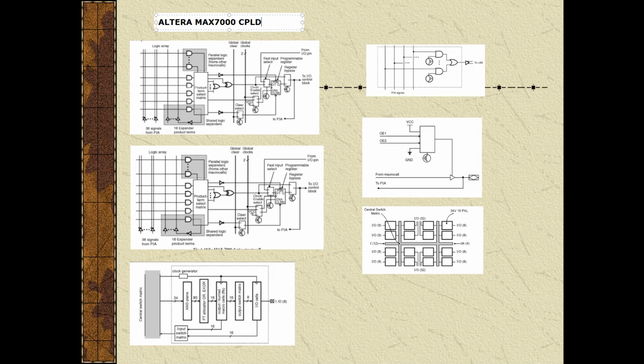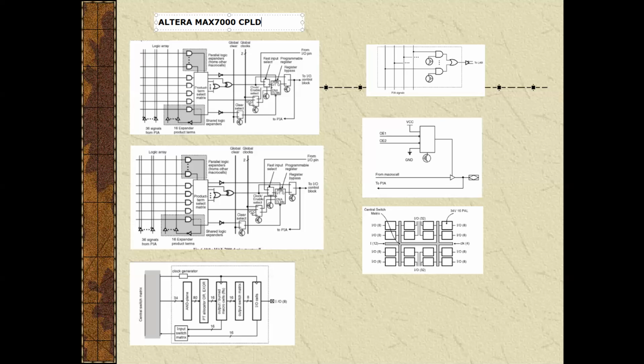The Max 7000 family devices are combined into groups known as logic array blocks. In order to build complex logic circuits, the macro cell is supplemented with product terms, and the Max 7000 family provides programmable speed and power optimization.